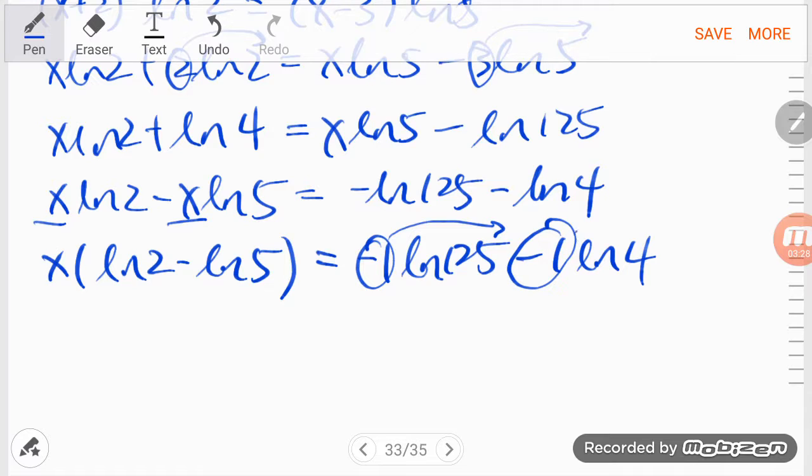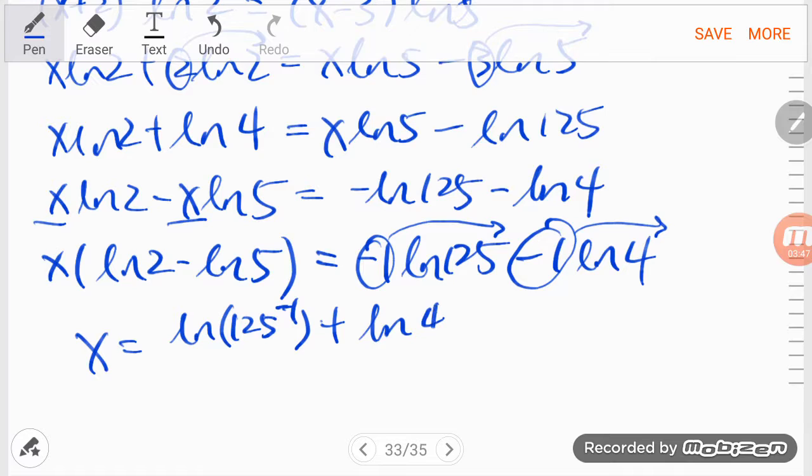So I would have x is equal to ln of 125 to the power of negative 1 plus ln of 4 to the power of negative 1, the whole thing divided by ln 2 minus ln 5. Okay?